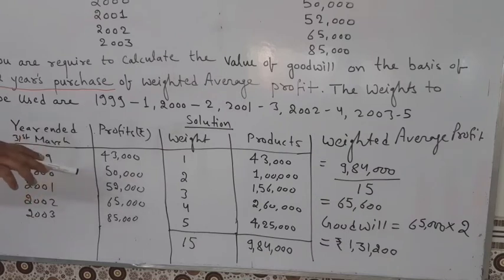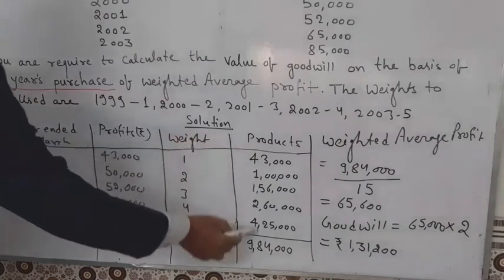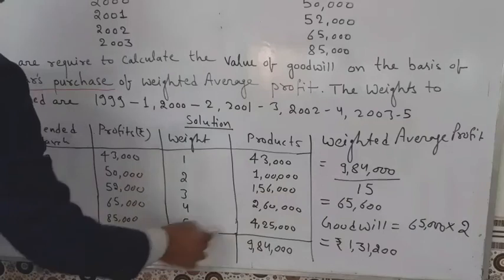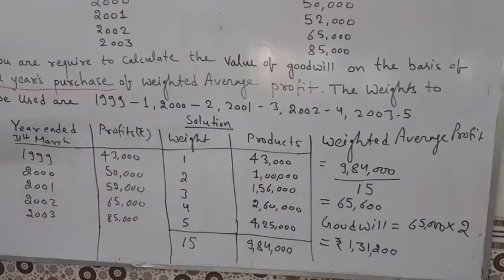Weighted average profit is equal to the total of products of profit divided by the total of weights. So 9,84,000 divided by 15 is 65,600.